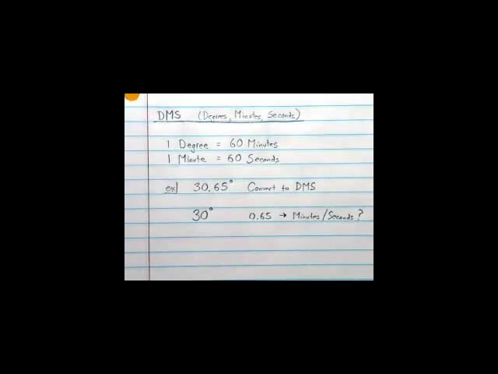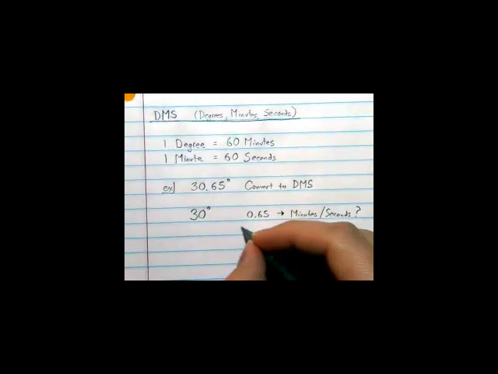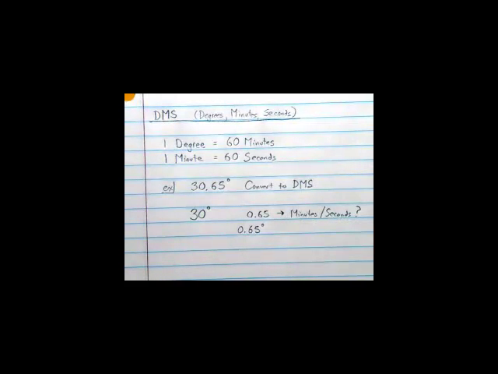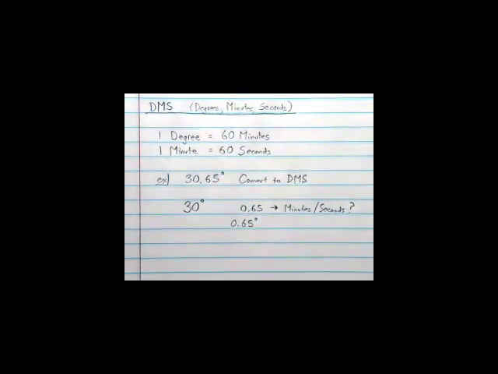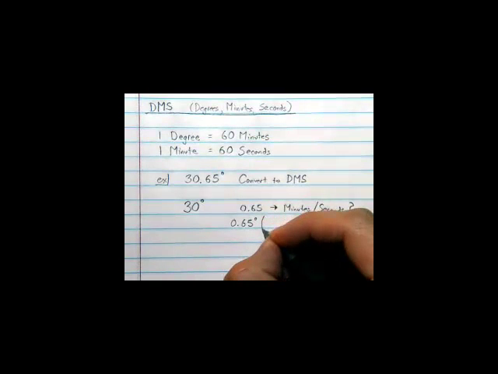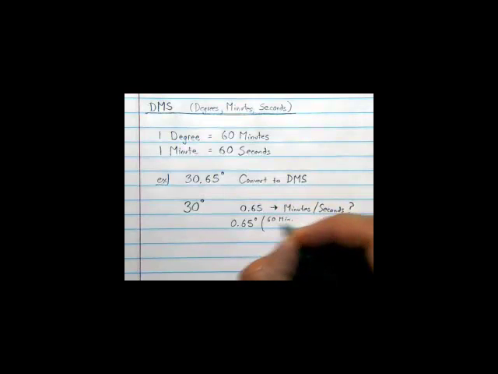So how do you suppose I could do that? If there are 60 minutes in a degree, 60 seconds in a minute, what can I do with that 0.65 to get myself started? Yeah? Okay. So I've got 0.65 degrees, and you said multiply it by 60. The reason we're going to do that is because there are 60 minutes in 1 degree.